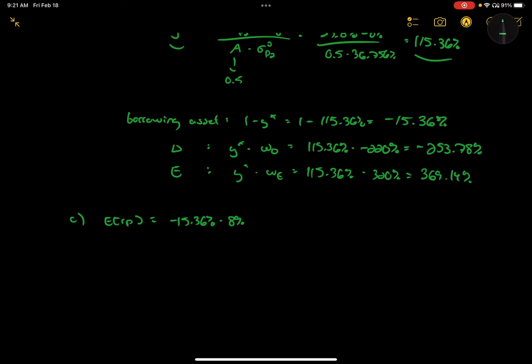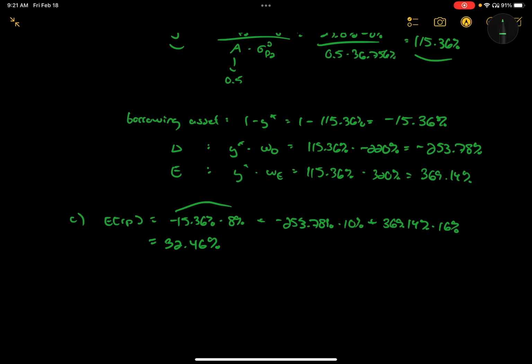So we are borrowing 15% at 8% cost of borrowing, plus minus 253.78% times 10%, plus 369.14% times 16%. And that gives us a return for the portfolio of 32.46%.